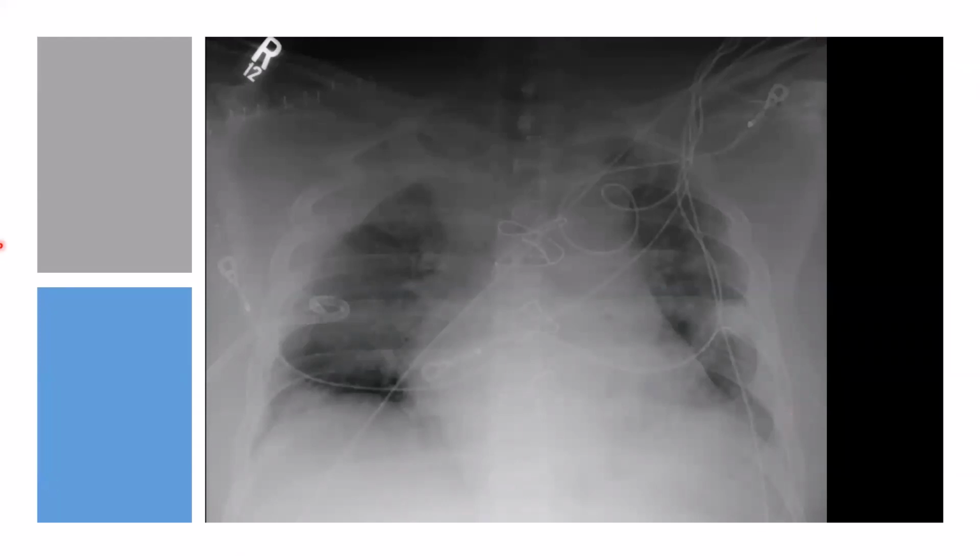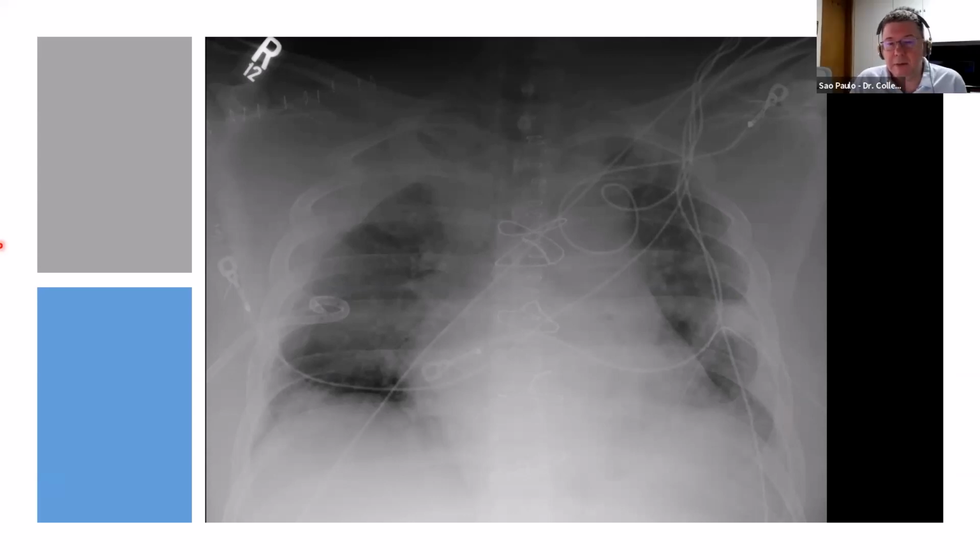Sao Paulo, Dr. Calais, your comments, please. Yes, I think in these patients we put the chest tube on the right, as I think it is in the pleural cavity. You can see margins, hematoma, or collections in the upper right side when you put a stent in the axillary artery.